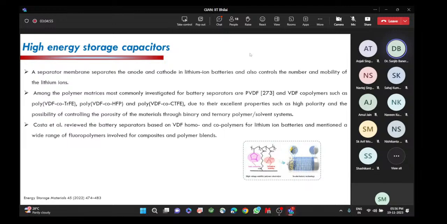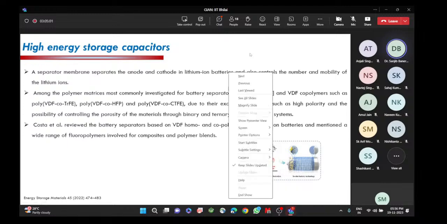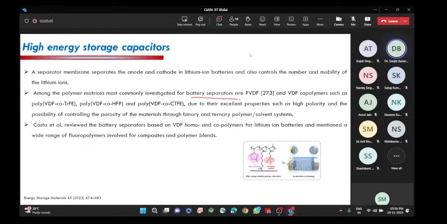So we'll try to understand what separators and binders are and what the use of these materials is in this battery, because these are in the same line. If you consider battery separators, PVDF, or polyvinylidene difluoride, is a molecule which gives the required characteristics of a separator in a battery cell.